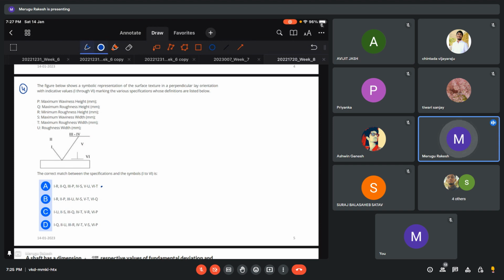Okay. This is a memory-based question. So here, remember there will be waviness. Right side will be the maximum. Then this is something to do with roughness, and then this is something to do with the width of the roughness.